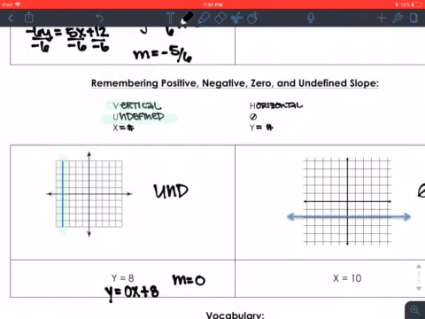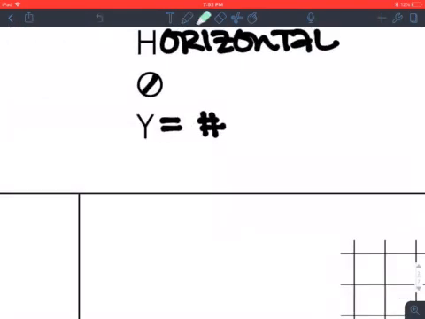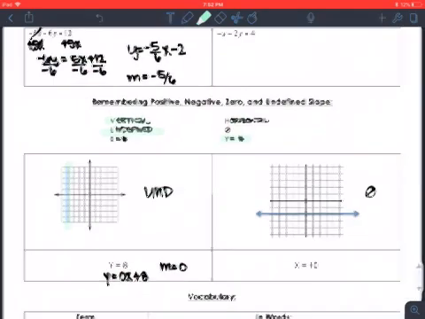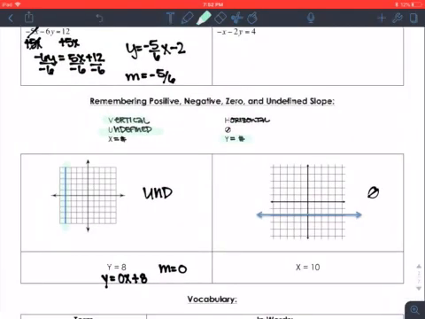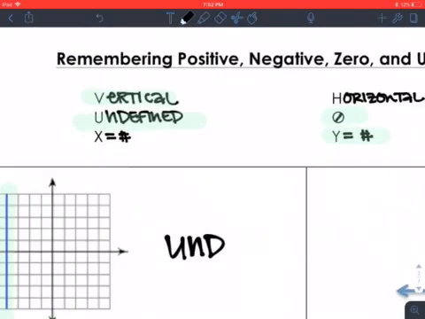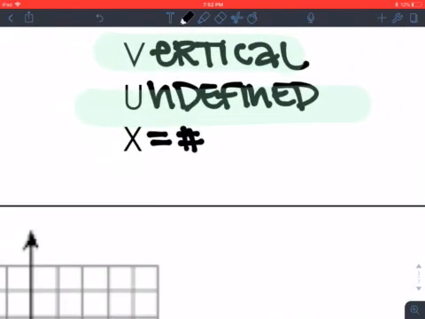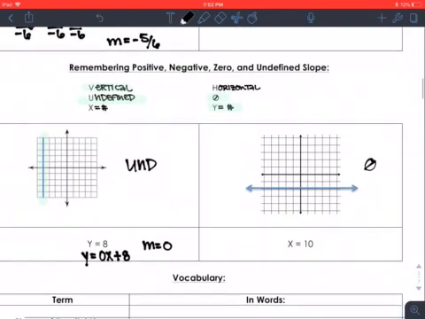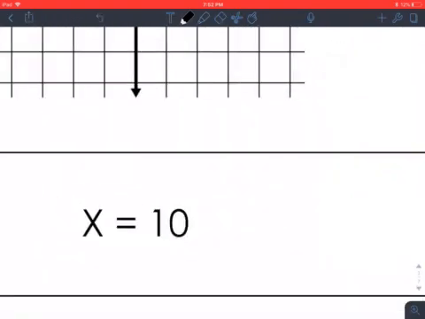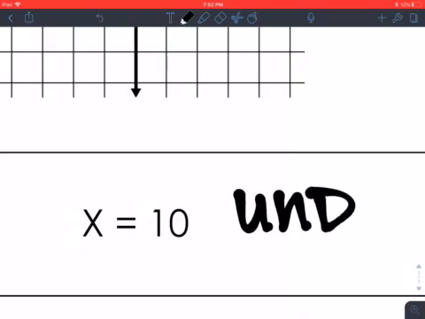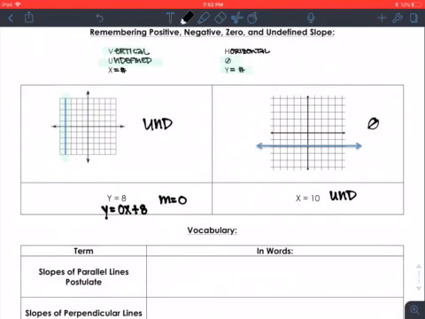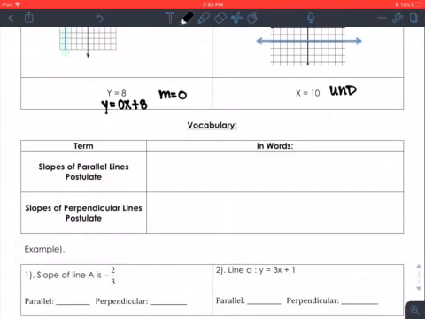But if you remember what the y in HOY stands for, it's that the equation is y is equal to a number, which is what we have right here, which means that your slope is 0, okay? All right, same idea. We recognize that x equals a number is a vertical line, and vertical lines have undefined slopes. Okay? All right, so we're going to pause there.